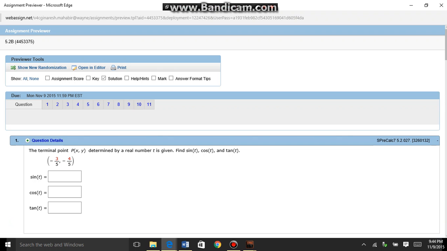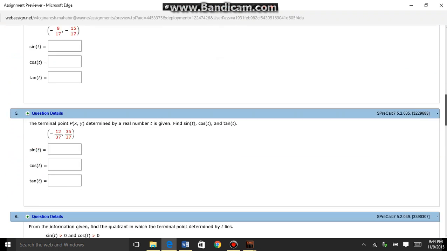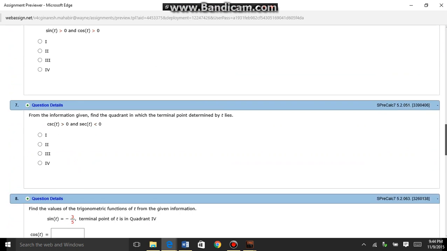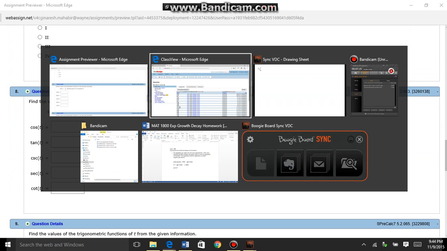They give you all this cool stuff, and they say look for the points. This is a good one, number 8. It says sine of t is -3/5, and it's telling you you're in the 4th quadrant. Find everything else.